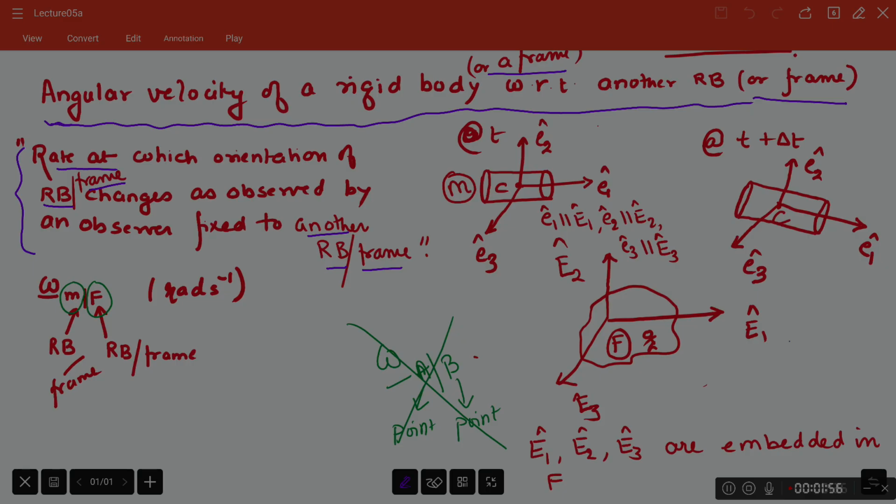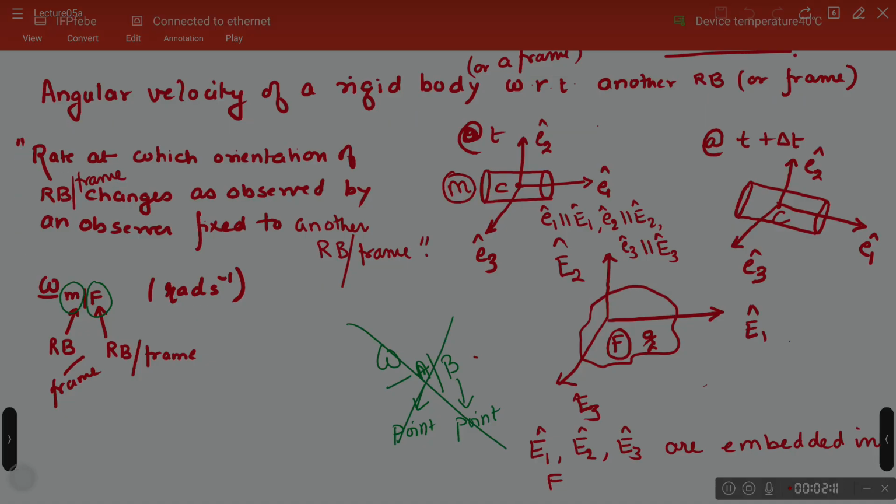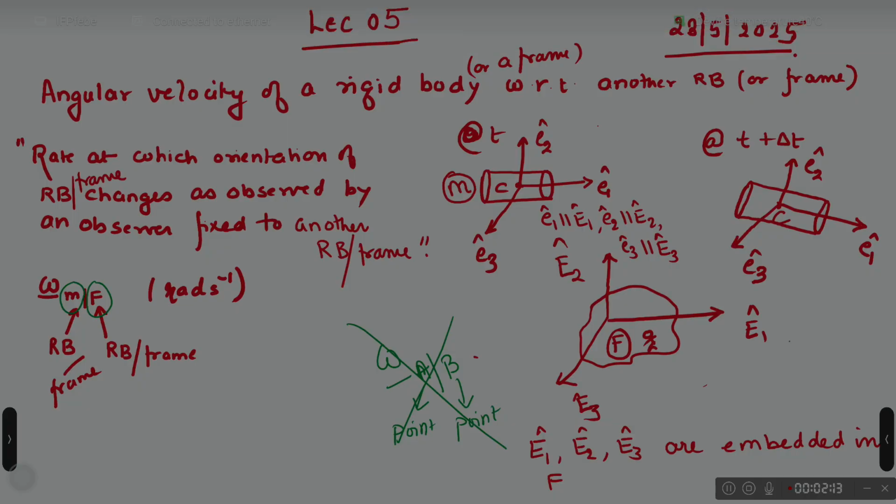The SI unit of this quantity is going to be radians per second, and we will use this symbol omega m bar f to denote this quantity in our course. Now note that the subscript that we have put with omega has 3 characters.